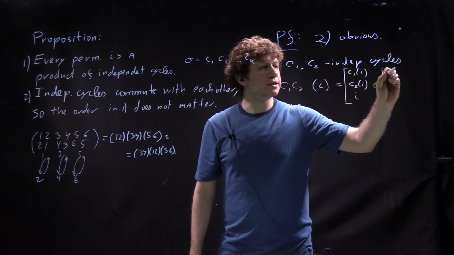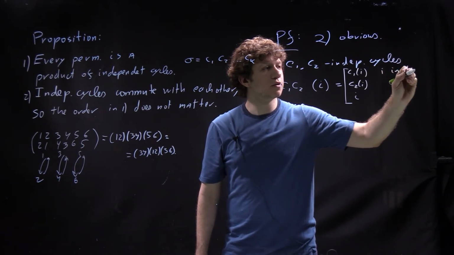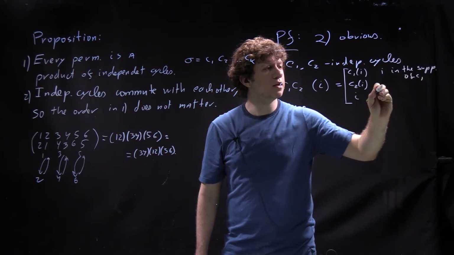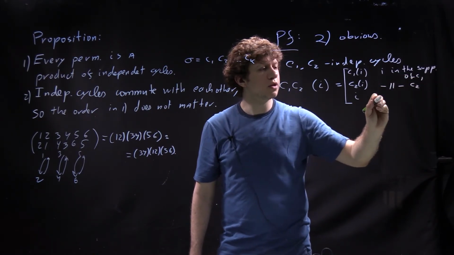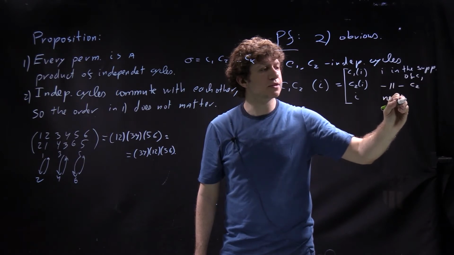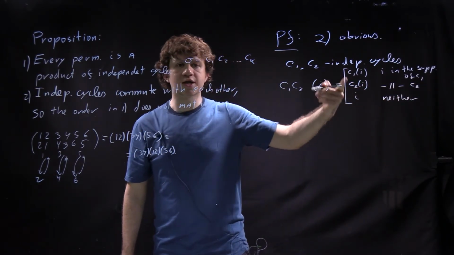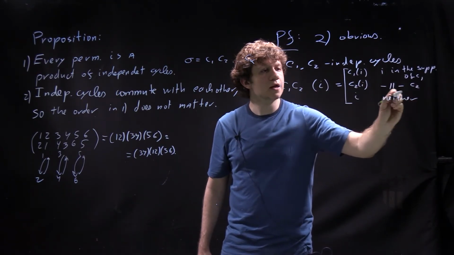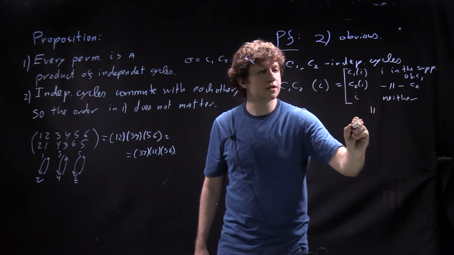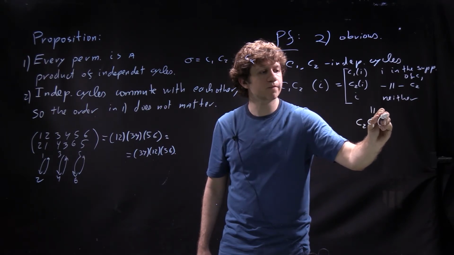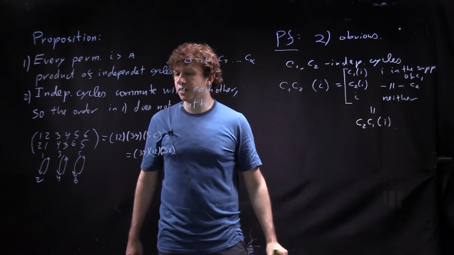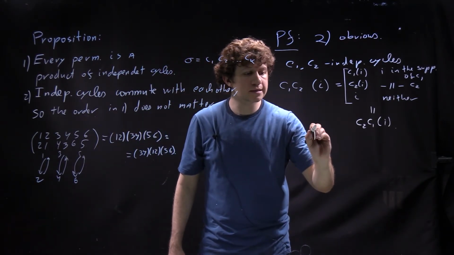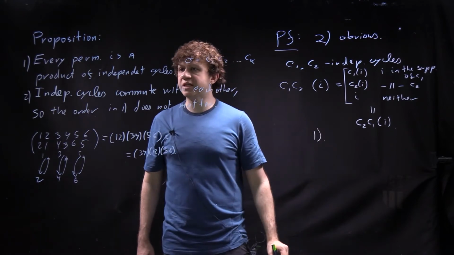So i is in the support of C1, or in the support of C2, or neither. I have no notation for it, so let me just write support of C1 and support of C2. And this is just a computation based on the definition of composition and the definition of independent cycles. But of course that's the same as C2 C1 of i. So part 2 is more or less obvious.